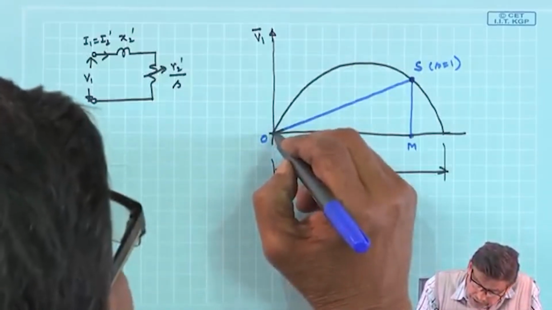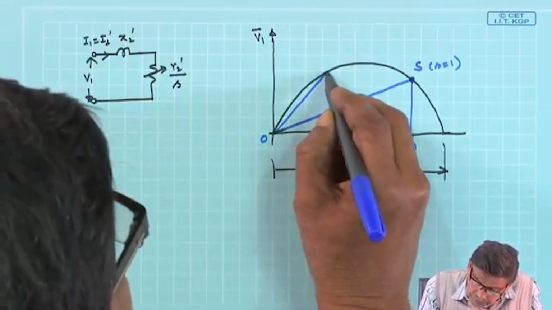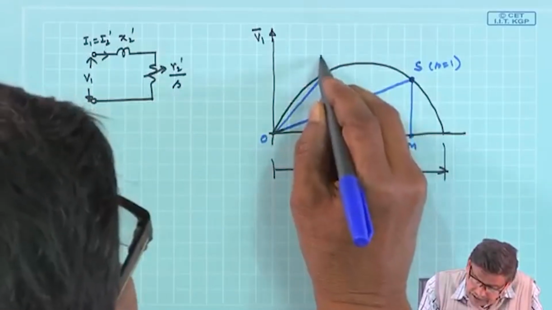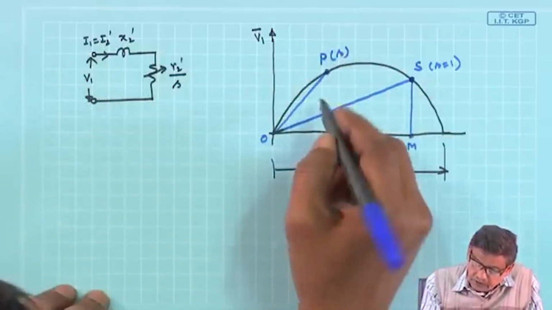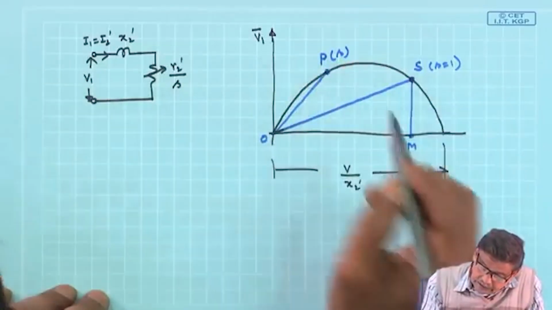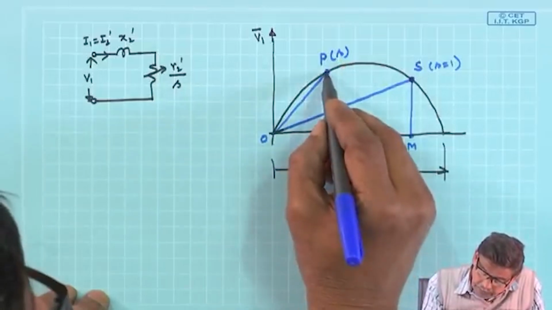Now, when the machine is operating at a general operating point with slip s, which is less than 1, you just drop a perpendicular here.